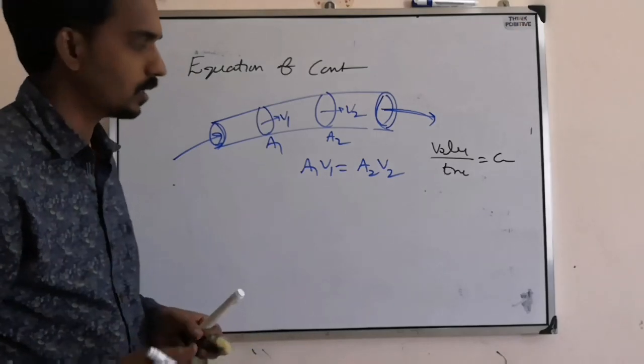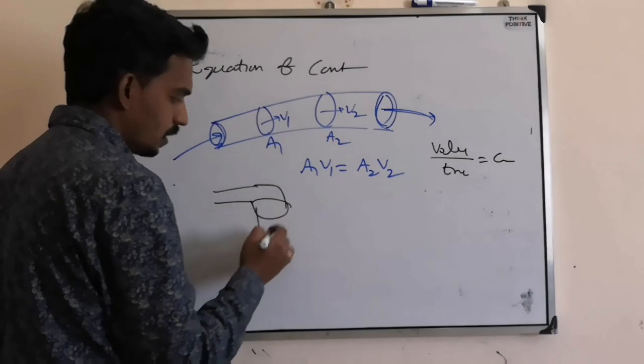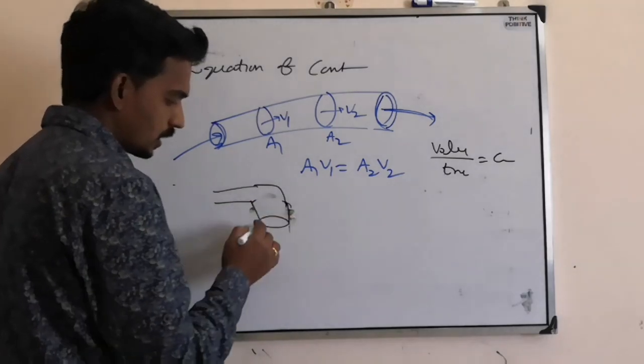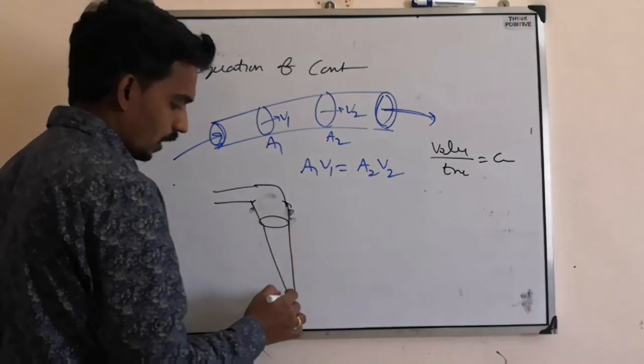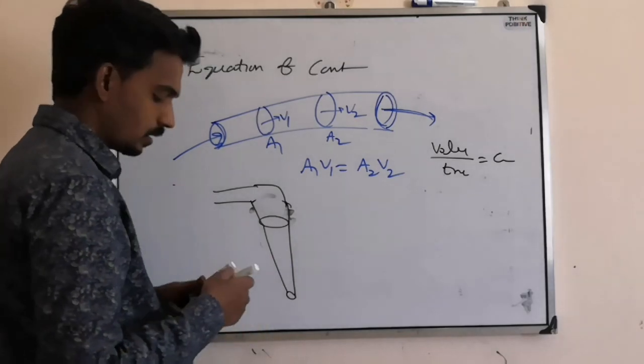Based on this equation, suppose you consider a water tap. Water is coming out and falling through a particular distance.